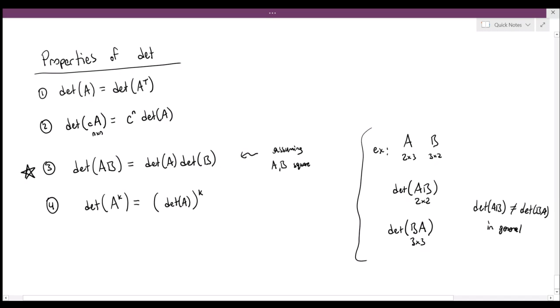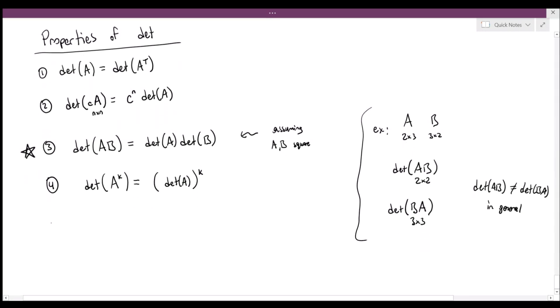All right. And then finally, I'll mention one more property of determinants. The determinant of a matrix A is going to be non-zero if and only if A is invertible.